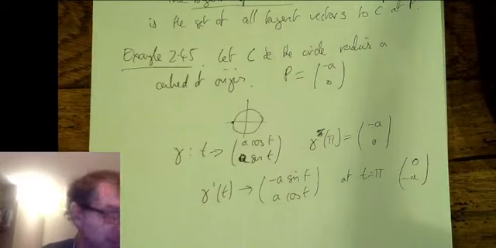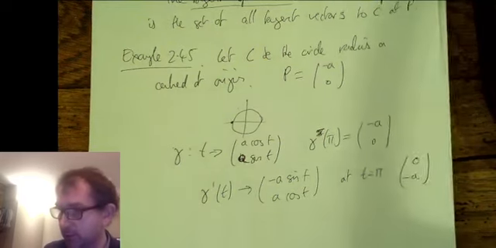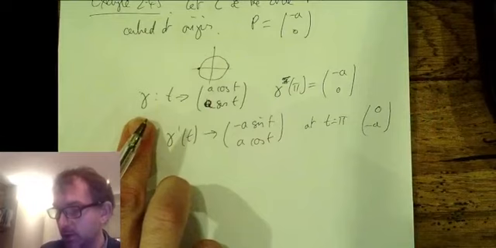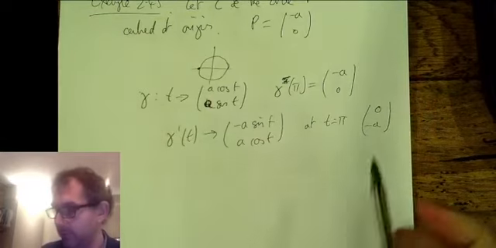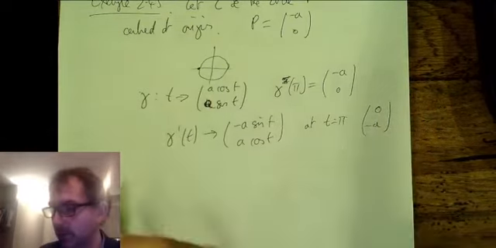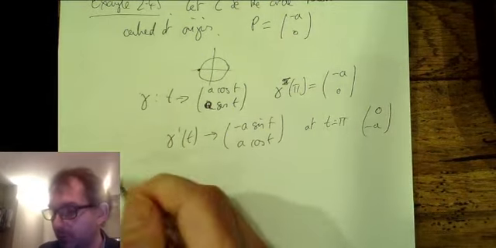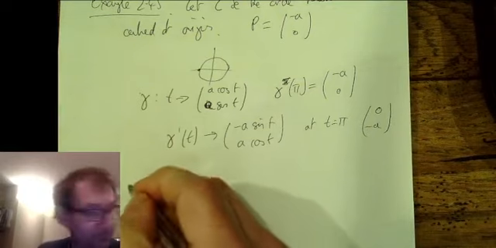So let's now think about some reparameterizations which will give us different velocity vectors, and let's see that we can actually piece them together to form a full one-dimensional space.